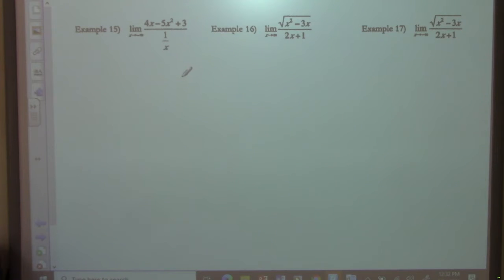I'm thinking this is a does not exist one, because dividing by the fraction is the same as multiplying by the reciprocal, right? So if we change that and multiply by x over 1, that's going to multiply by x. Once we do that, what is that going to be? Bigger on top. So that's going to be a does not exist. This is kind of a weird one.